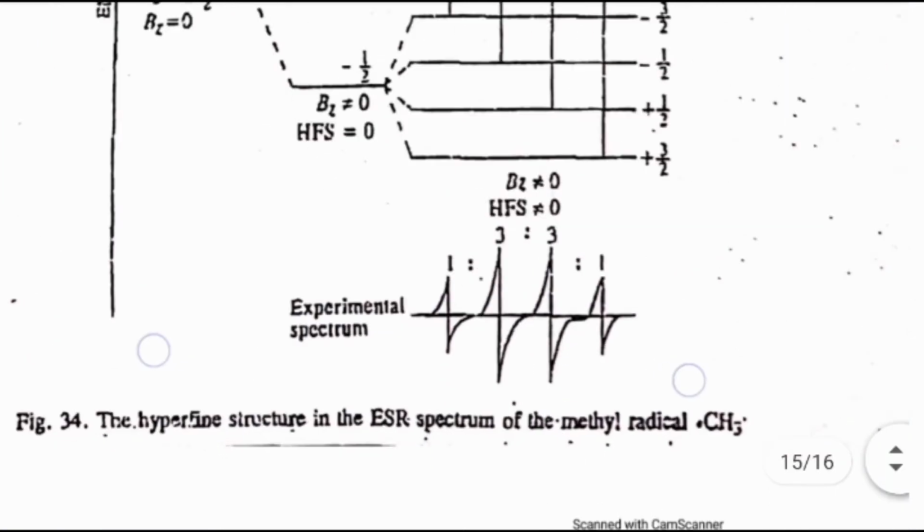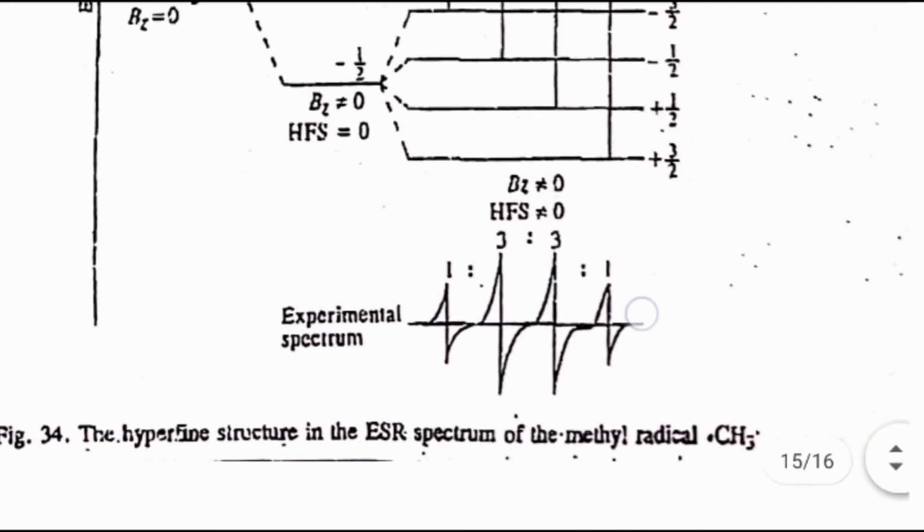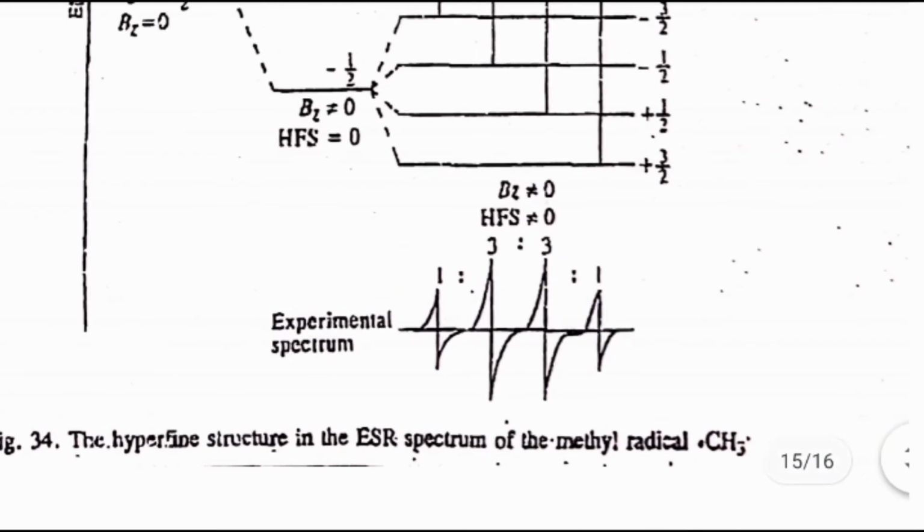The experimental spectrum will look like this. Here we can see that the spectrum is not like NMR, where we get a line spectrum, or UV-visible spectroscopy, where we get a band spectrum. The experimental spectrum for ESR spectroscopy is a derivative type of spectrum.